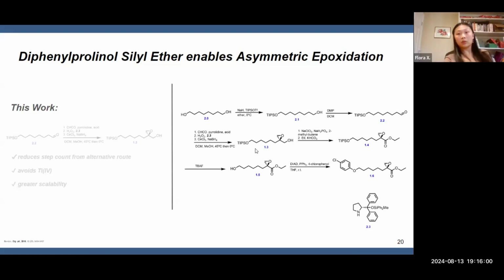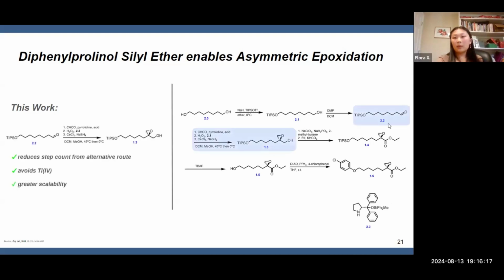This would allow us to reduce our step count from 7 to 6, back to the number of the previously reported synthesis, as well as being able to form that chiral epoxide. This step, which I was talking about earlier, 2.2 to 1.3, is done through one step rather than two in our previous route. It also avoids titanium(IV), which is pretty dangerous, and which also allows for greater scalability.